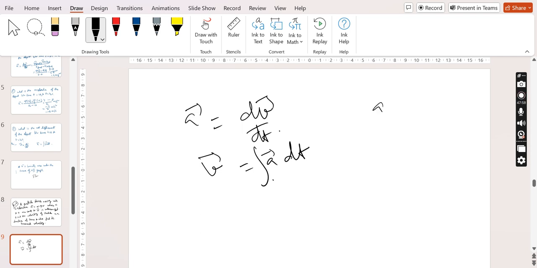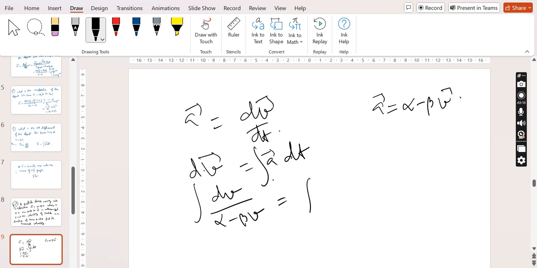But a is given like this, so we need to write it like this, otherwise we won't be able to integrate it.